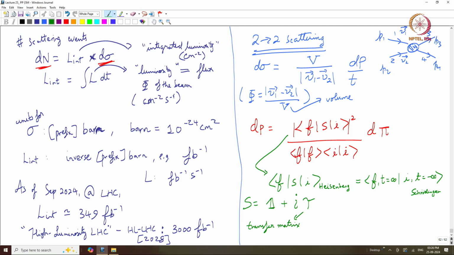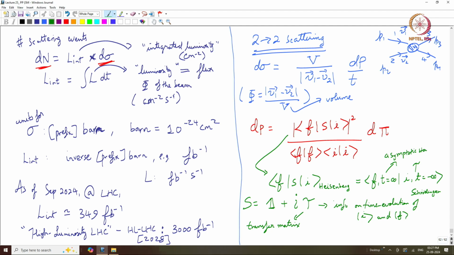All right. So basically the S matrix contains information on the time evolution of the initial and final states. These are basically asymptotic states.